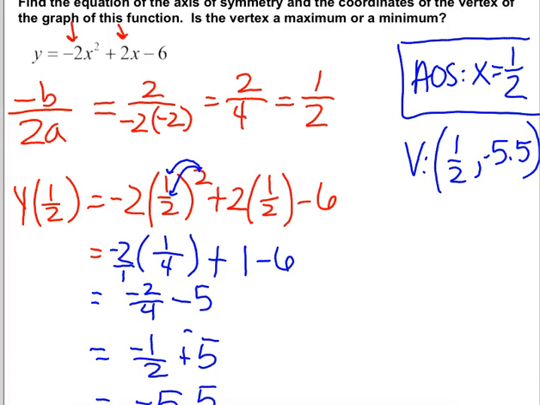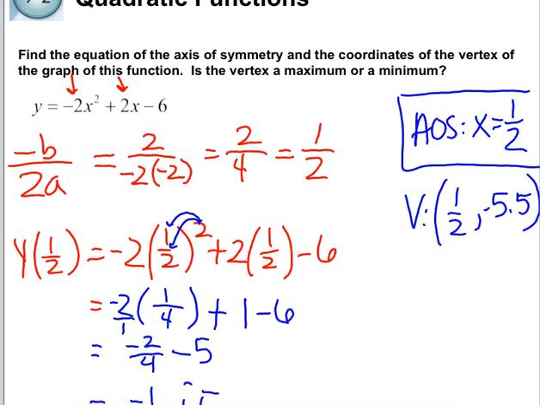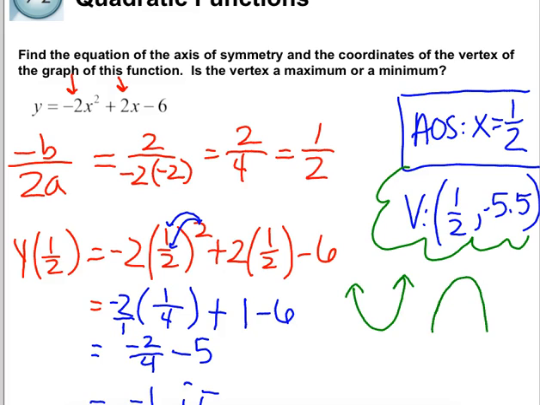So we found our vertex, we found our axis of symmetry. And then the last part says, is the vertex a maximum or a minimum? So in your brain, you got to be thinking, how am I going to tell if it opens up or does it open down? Because if it opens up, this is a minimum. And if it opens down, here's my max.